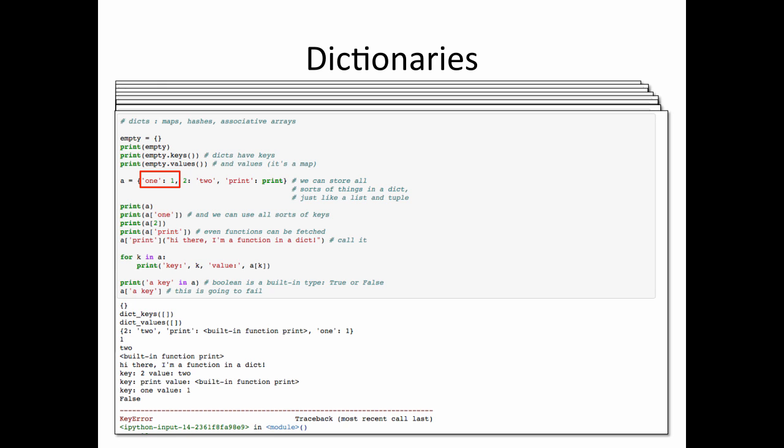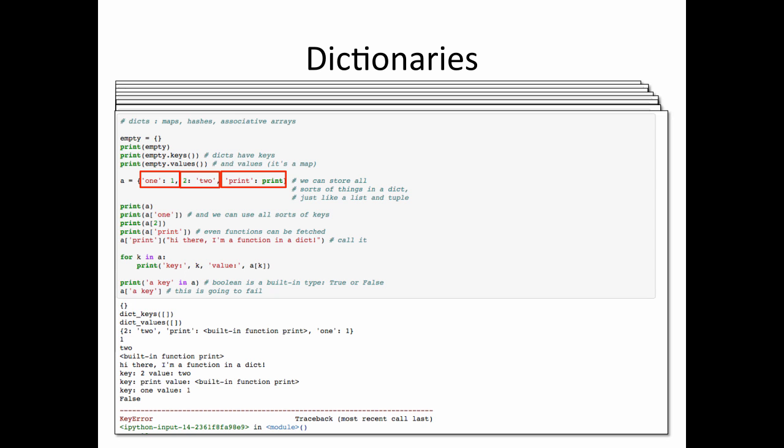Here, the first key value pair consists of string 1 being the key and value 1 being the value. And I can have arbitrary types of elements as the key. So in the second pair, numerical value 2 is the key, and then string TWO becomes the value.